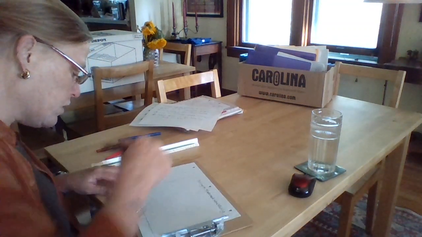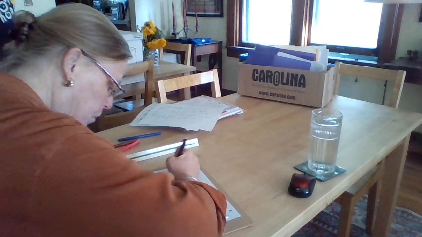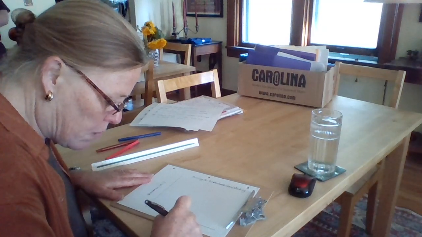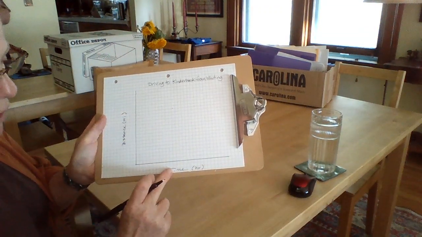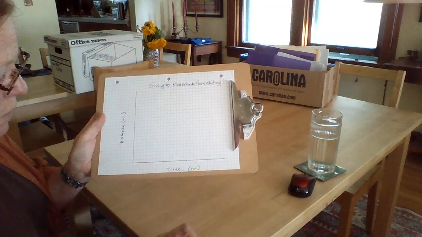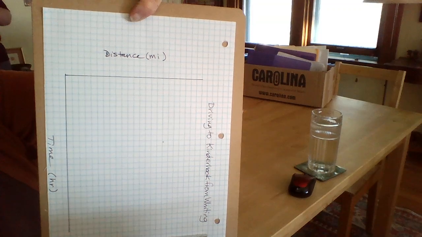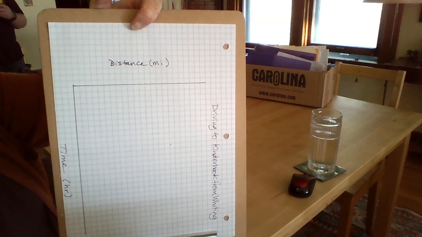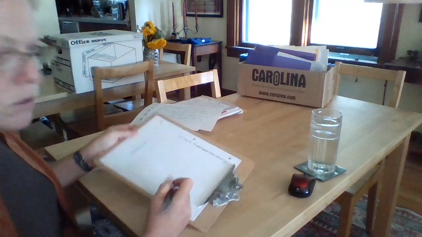We have to have units. We'll pretend we are not in science class, and we will make our units for distance miles and our units for time hours. Notice, please, that we show miles with MI, and we show hours just with an H.